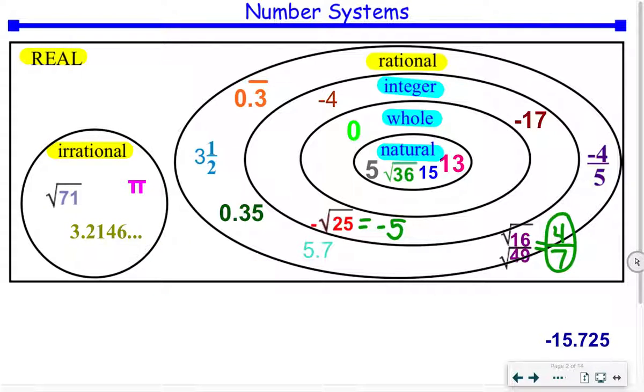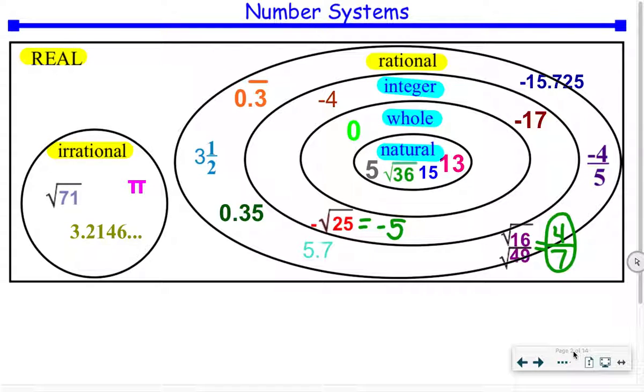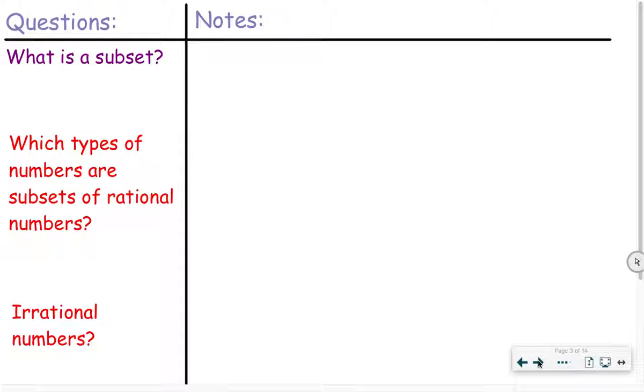And then last but not least, -15.725 is a terminating decimal, so rational. So there are tons and tons and tons of other numbers you could make up and put into one of these circles or rings. So these are just a bunch of examples, but really the number of numbers you could put into this goes on forever. It's limitless.